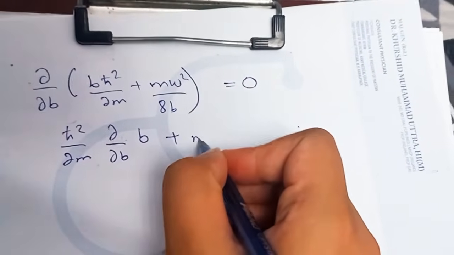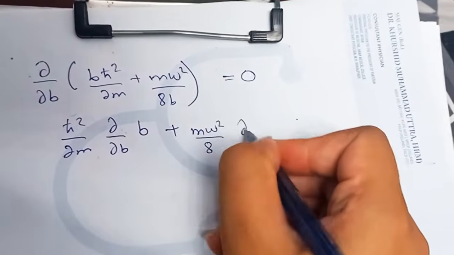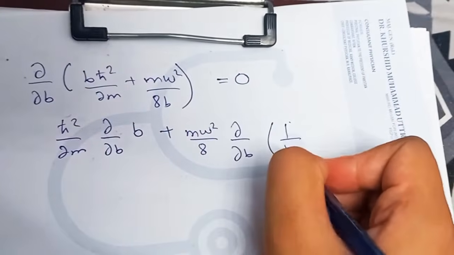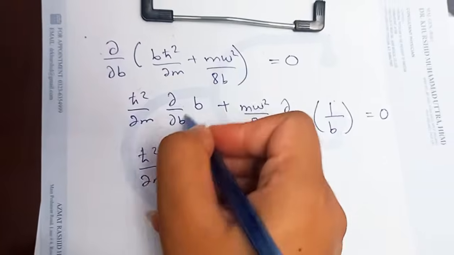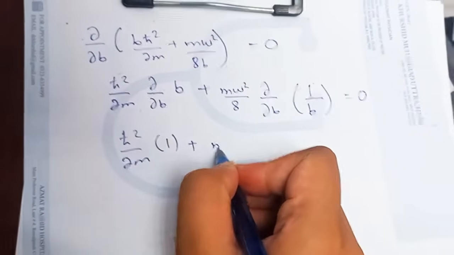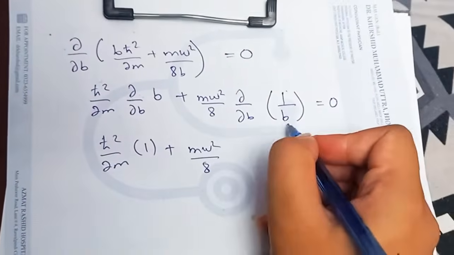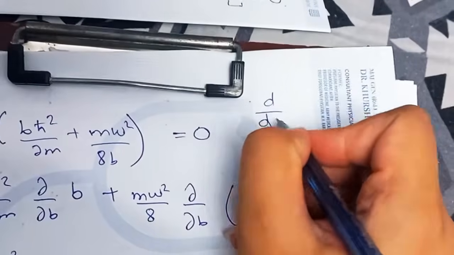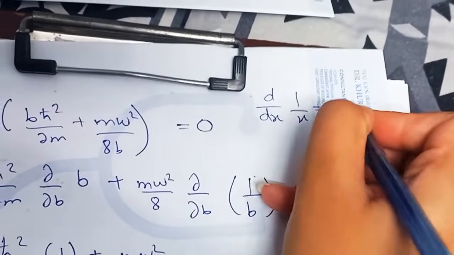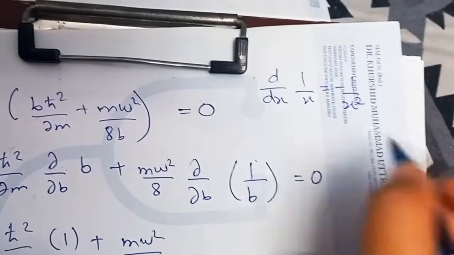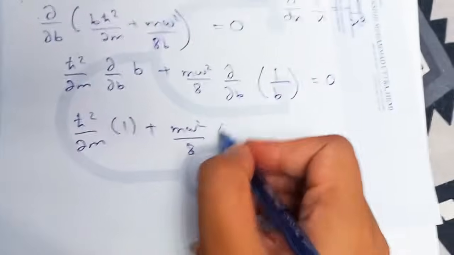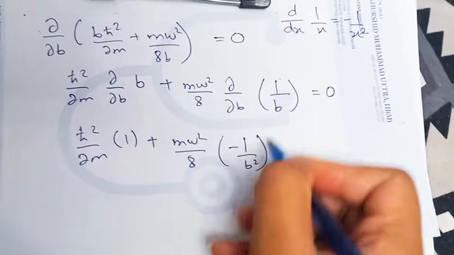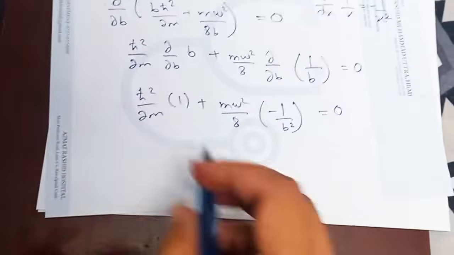Then we have m omega square by 8 as a constant, so partial by partial b will be applied on 1 by b, equal to 0. h cut square over 2m times 1 plus m omega square by 8 times 1 by b. We know that d by dx of 1 over x is equal to minus 1 over x square. Derivative of 1 over x is minus 1 over x square, so similarly we'll write minus 1 over b square as the derivative of this expression equal to 0.